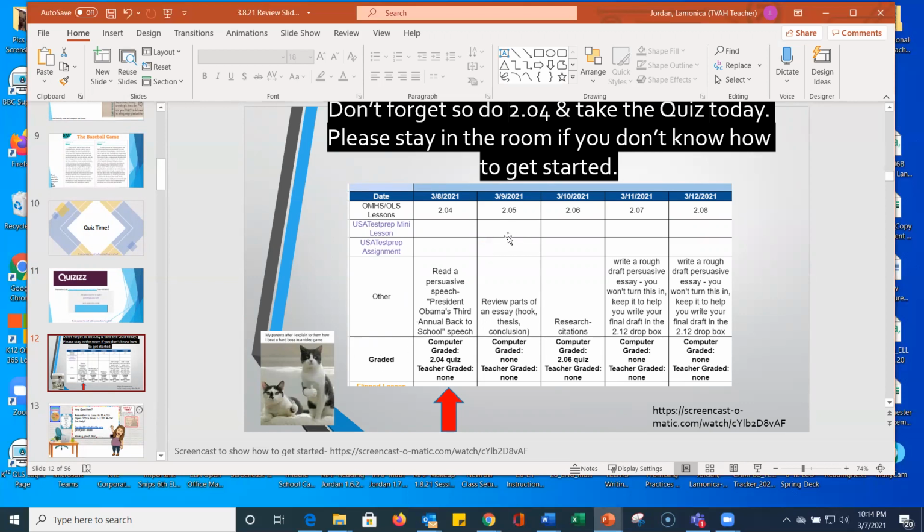All right. Tomorrow you'll be working on 2.05. There will be no live class connect sessions. On Wednesday, you'll have class with us, and you'll be working on the 2.06 lesson, and there is a quiz attached to it. Anything that you learn on 2.05 may be on the 2.06. And then Thursday, you'll be working on 2.07, and Friday, 2.08.